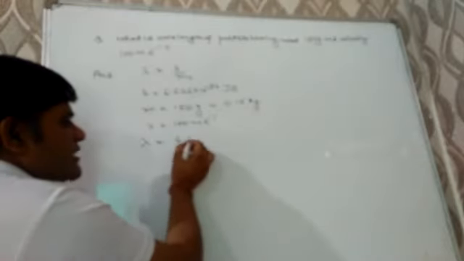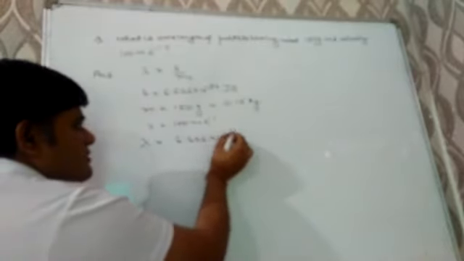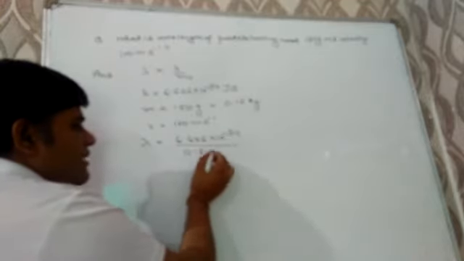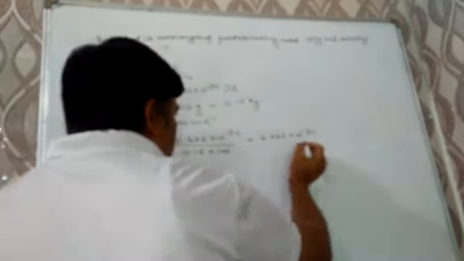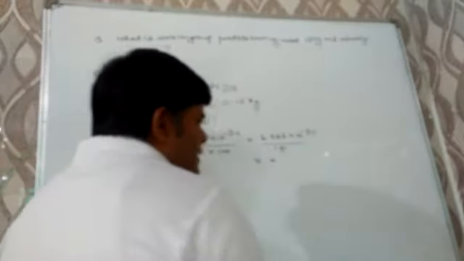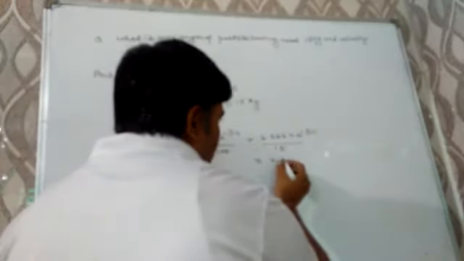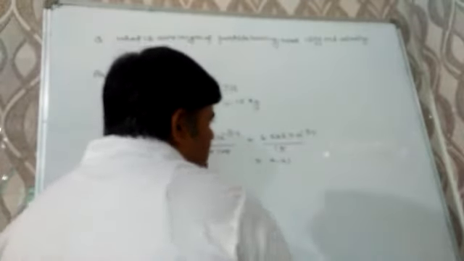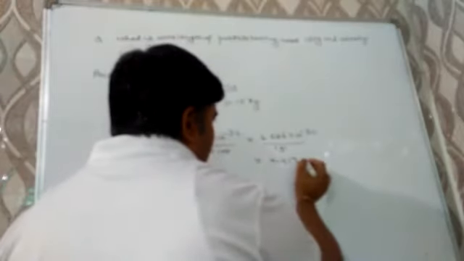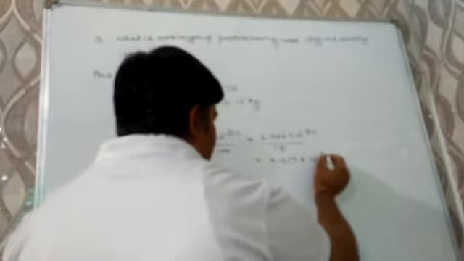Putting these values here, lambda is equal to 6.626 into 10 to the power minus 34 over 0.15 into 100, that is over 15, and that comes out to be 4.417 into 10 to the power minus 35 meter. This should be our wavelength.